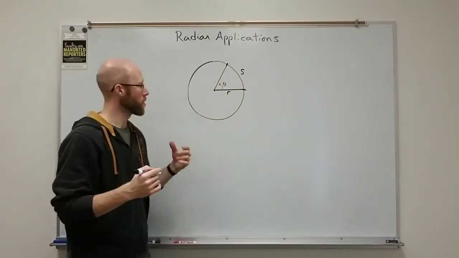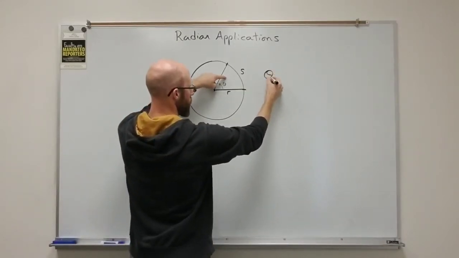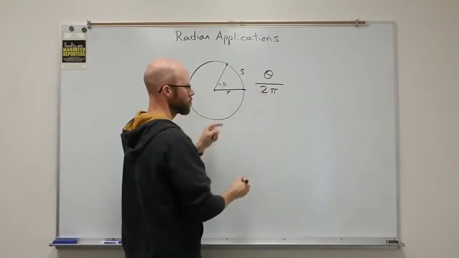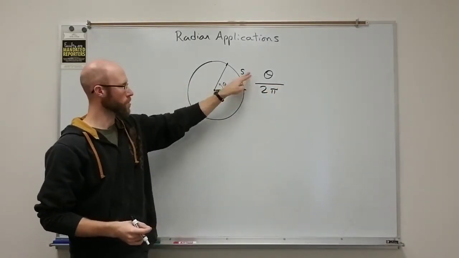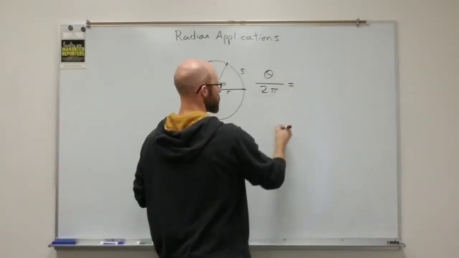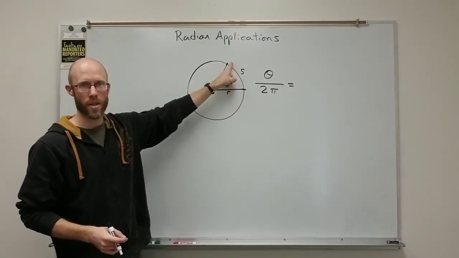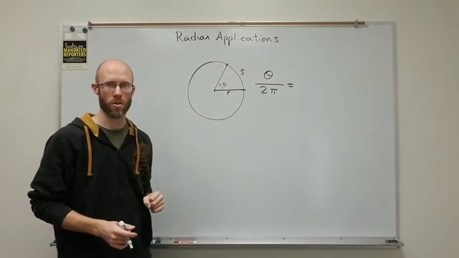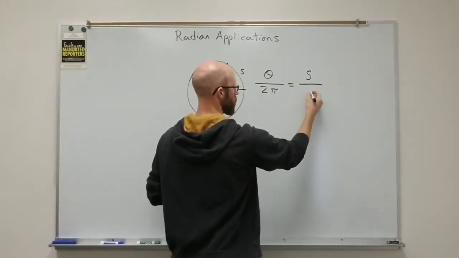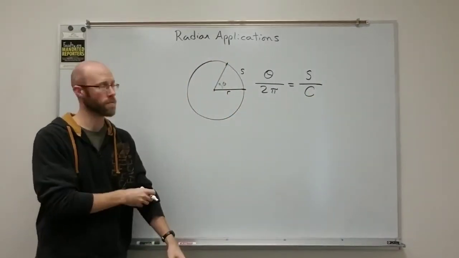The ratio between the angle of this sector, theta, and the total angle of the circle, which is 2 pi radians, is equal to the ratio between the arc length of the sector and the arc length of the entire circle. Well, the arc length of the entire circle is just the circumference of the circle.